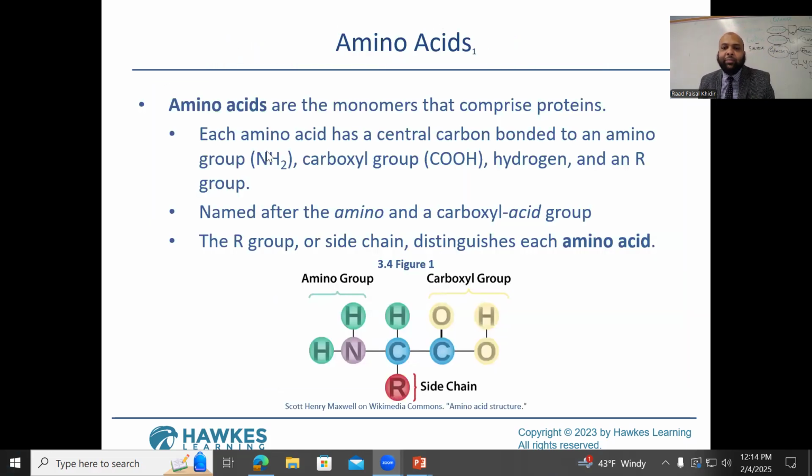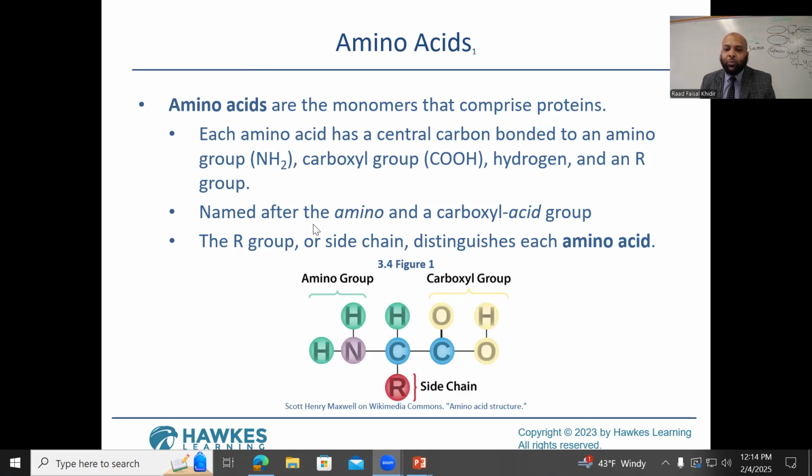Okay, these are the amino acids. Amino acids are monomers that comprise proteins. So each amino acid has a central carbon bonded to an amino group, a carboxyl group, a hydrogen group, and an R group. They are named after the amino and carboxyl acid group.